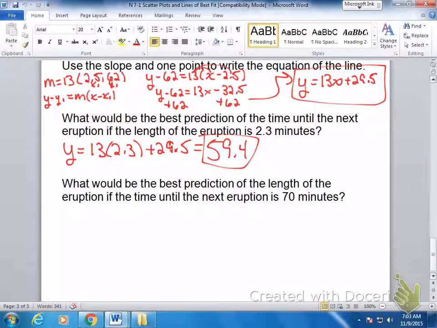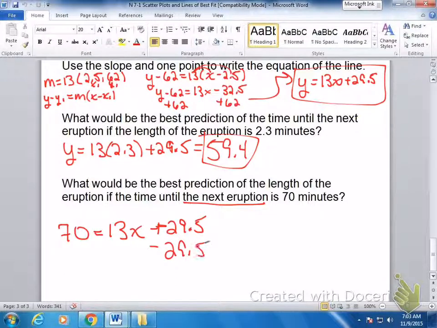Now, the next one asks it just a little bit differently. It says, what would be the best prediction of the length of the eruption if the time until the next eruption is 70? Now, time until the next eruption is our y value. So this time I'm going to plug in 70 for y, and that equals 13x plus 29.5. So we can subtract 29.5 from both sides.